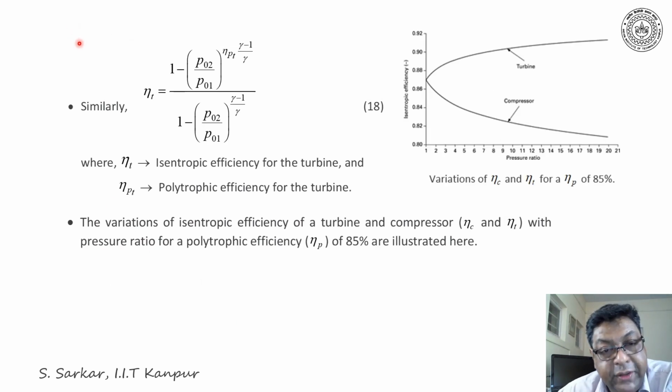Similarly, for a turbine, the overall efficiency eta T can be related with respect to pressure ratio and the polytropic efficiency eta PT.